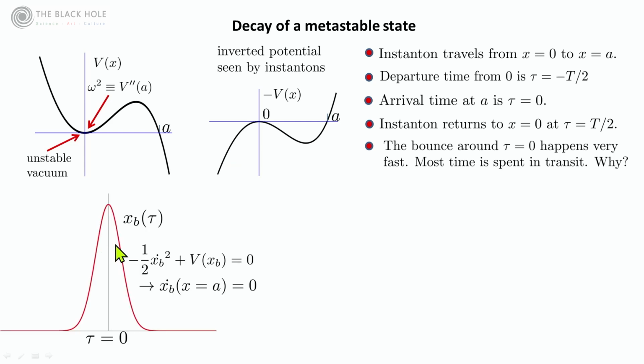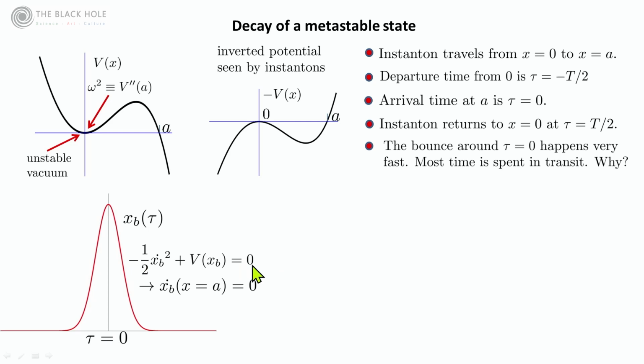Okay, so here is tau equal to 0. The bounce, so this is x when it's here at x equal to a, tau equal to 0. Remember that the energy is always conserved.